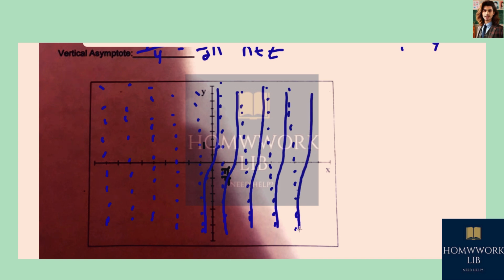In 1 and negative 1, it'll go through the x-axis at all those major tick marks.